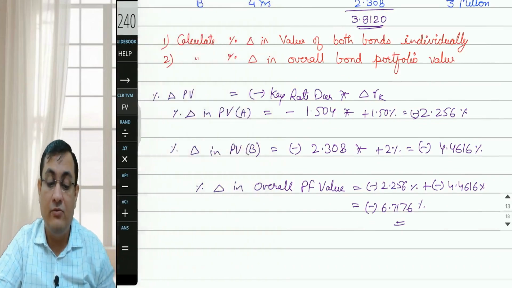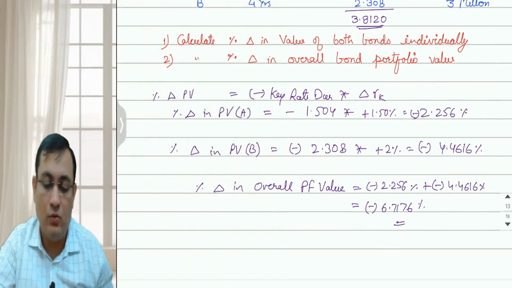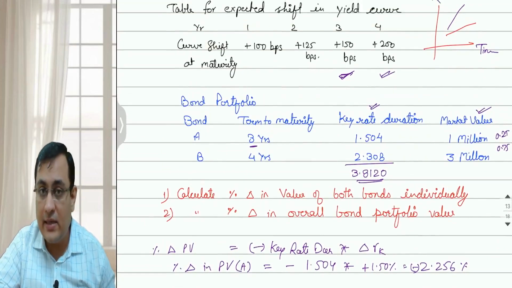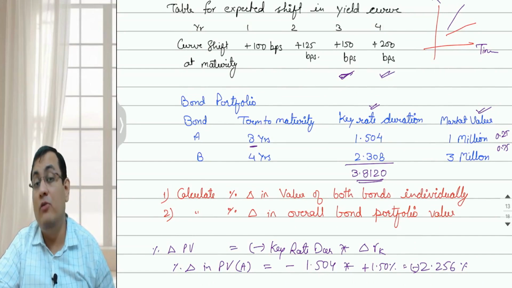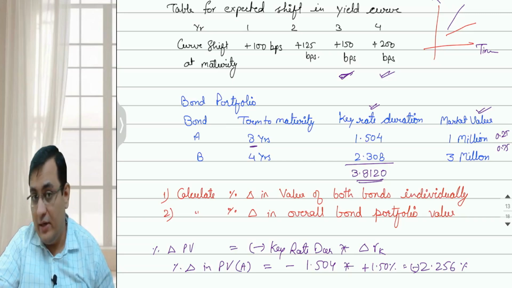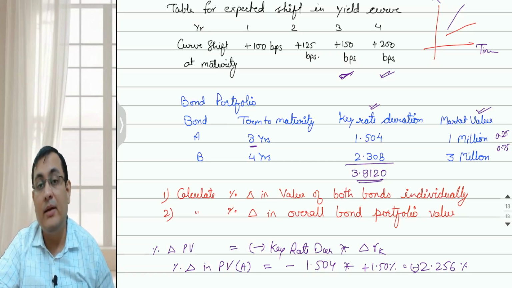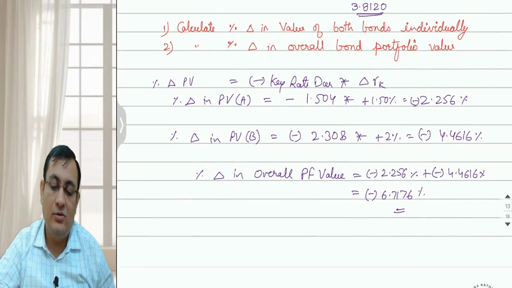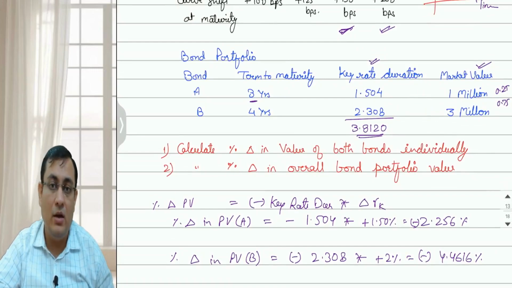Now the question comes whether we should stay invested in these two bonds. Of course not. Since the yields are going up, the impact on the bond portfolio will be negative. We should withdraw from both the bonds if it is possible, but many times it is not possible. So if we want to stay invested, how do we minimize the loss?